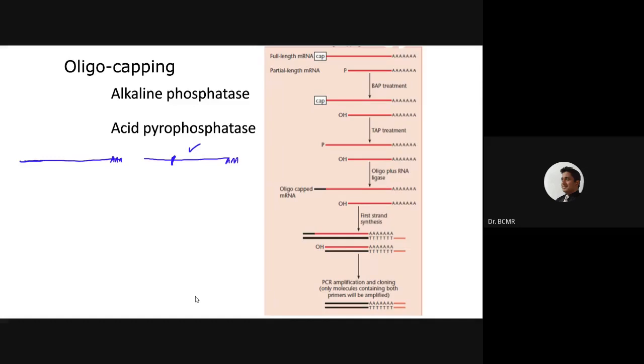If I forgot to mention, I think I will continue a little bit in the next class about cDNA libraries, because we need to discuss screening. When I say library, that means we are making a library of cDNA of all the mRNAs expressed in that cell at that time in those conditions. Okay, it's not one gene, one mRNA.